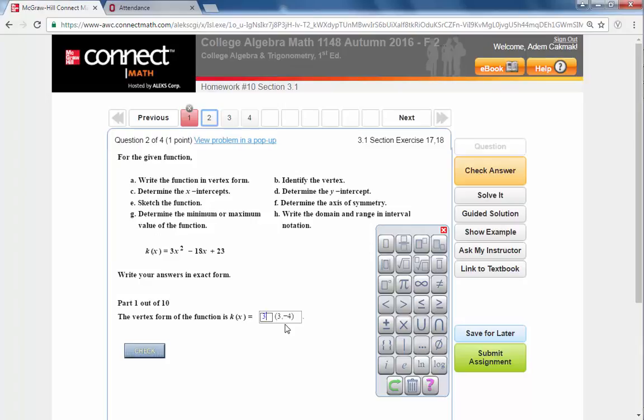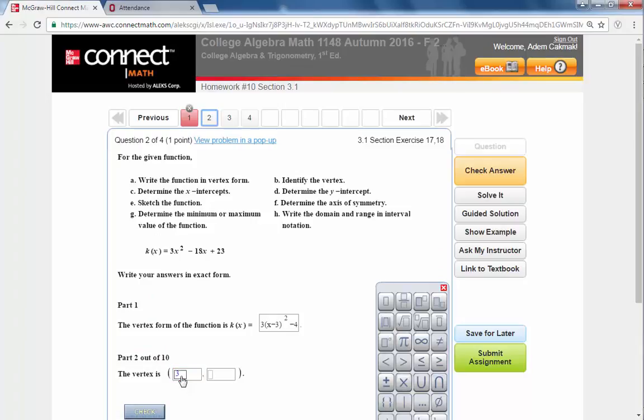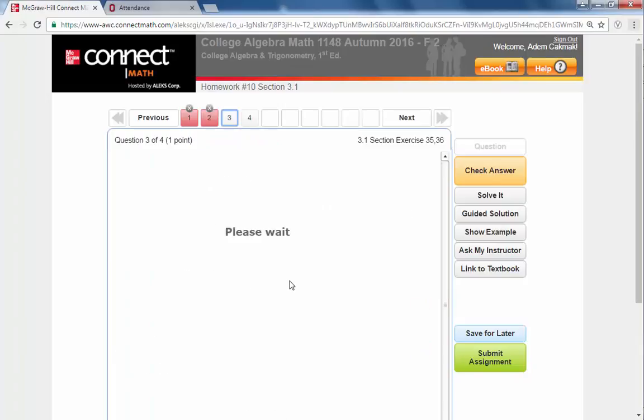So this is x minus 3. You're going to square this and then minus 4. Now it's 3 and negative 4. Okay, etc., etc. Number 3 looks like a pretty similar question, right?